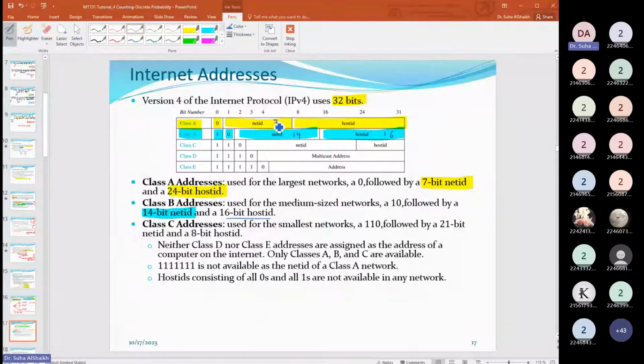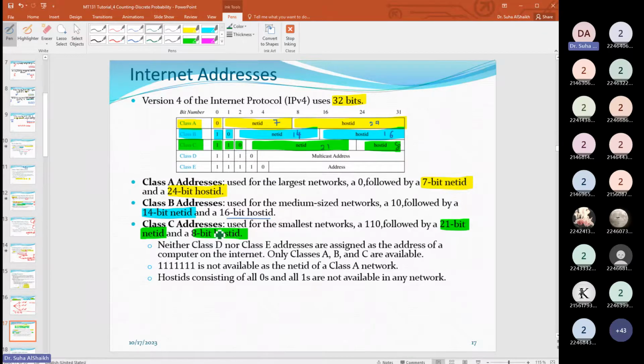Here 7 and then 24 places. Okay. Class C now starts with 110 followed by a net ID then a host ID. For class C, how many net ID bits? 21. How many host ID bits? 8. So here I will have 21 and here I will have 8.